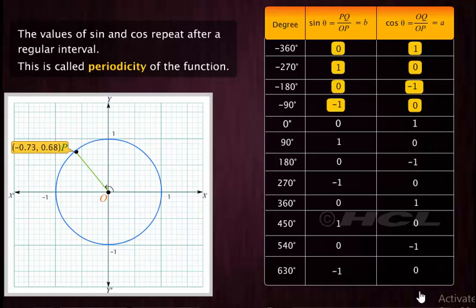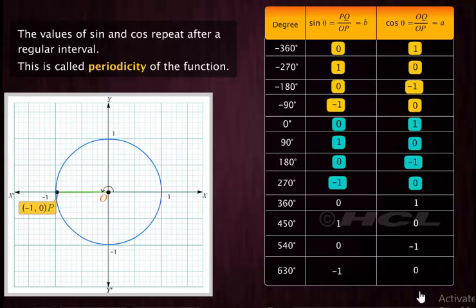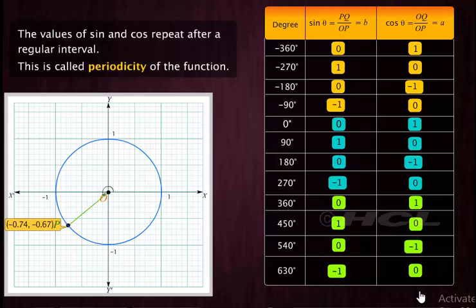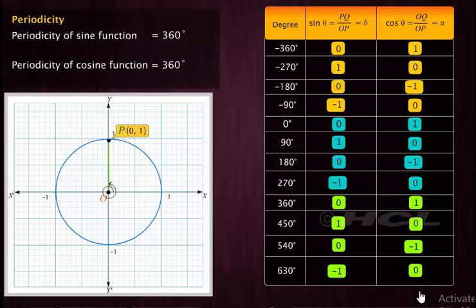As you can see from the table, the values of sine and cosine functions repeat after an interval of 360 degrees. This can be observed from the unit circle as well. Therefore, the periodicity of sine and cosine functions is 360 degrees.